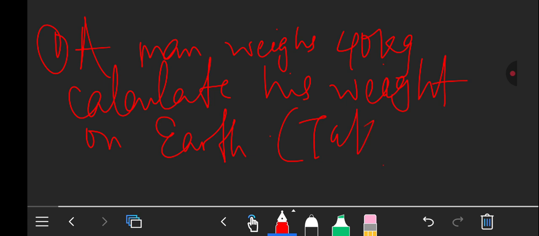So they usually give the gravitational force you need to take.